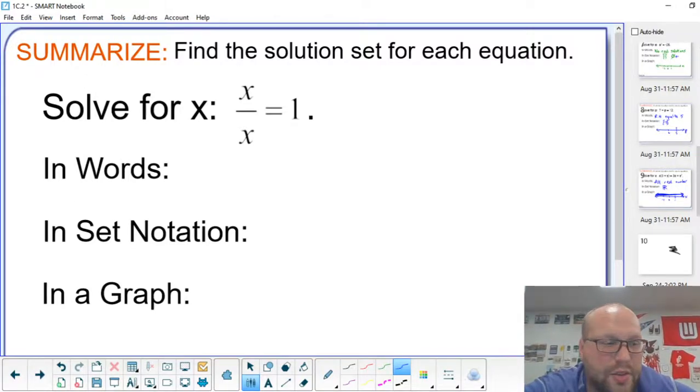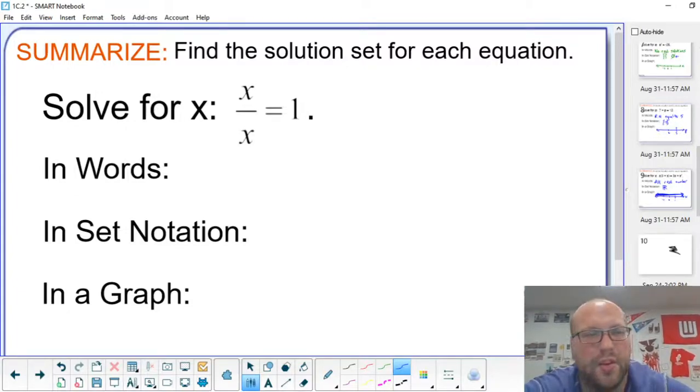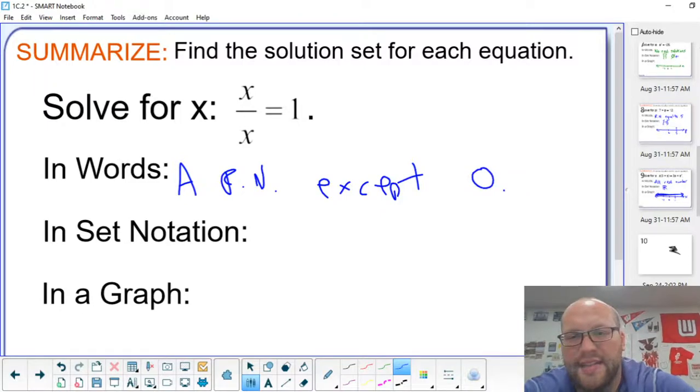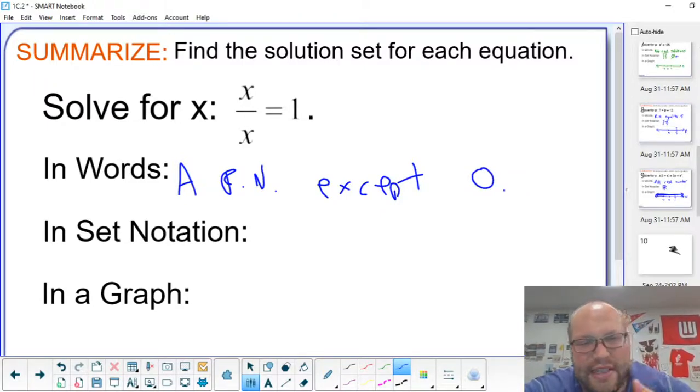This one, so again, another one where it does appear that x over x has all solutions, but we said that this one was all real numbers, except there's one value that doesn't work, and that's 0. So 0 does not solve that. 0 over 0 is actually undefined. So the set notation, now this gets a little interesting.